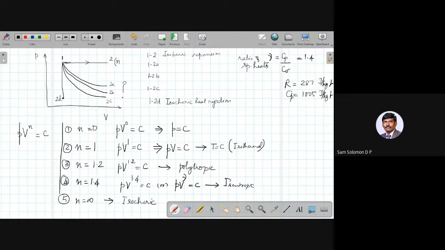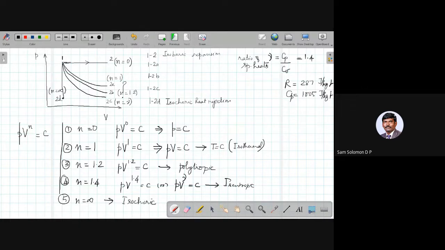It starts with n equal to 0 and it ends at n equal to infinity. So what should 1-2A be? This one should be n equal to 1, this one should be n equal to 1.2, and this one should be n equal to gamma.